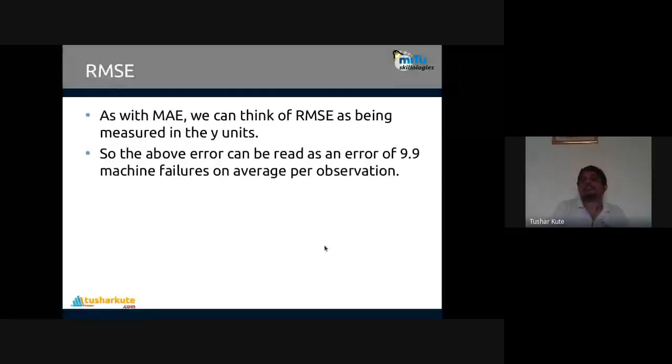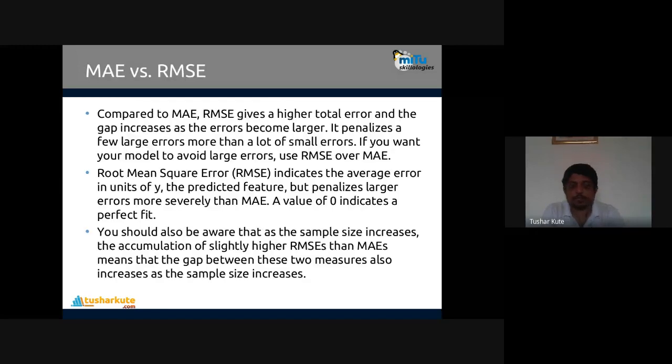Okay, and how will the interpretation of the root mean squared error be? RMSE is measured in units of y. So in the above error we can read an error of 9.9 machine failures on average per observation. That is the RMSE.